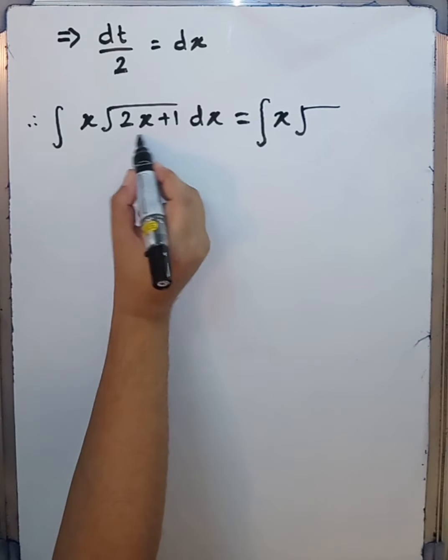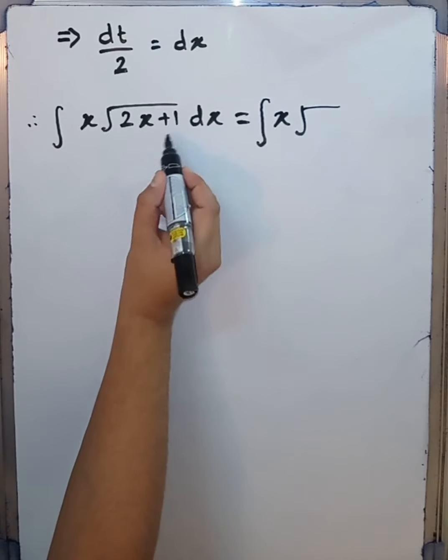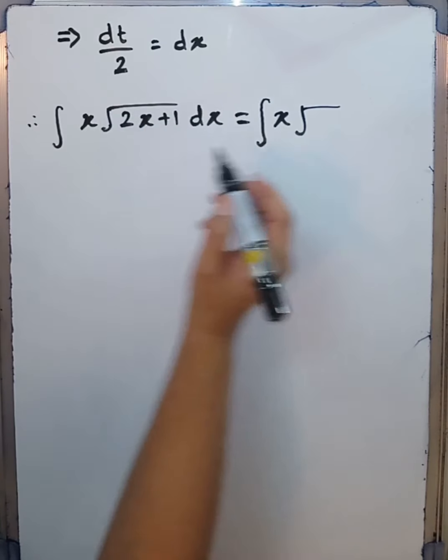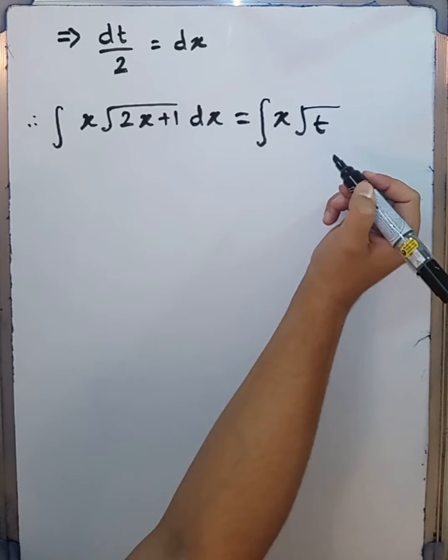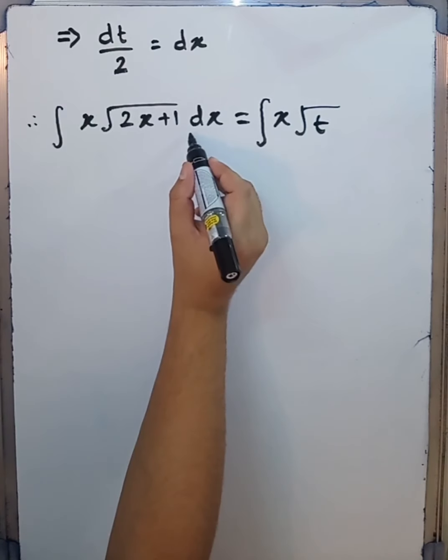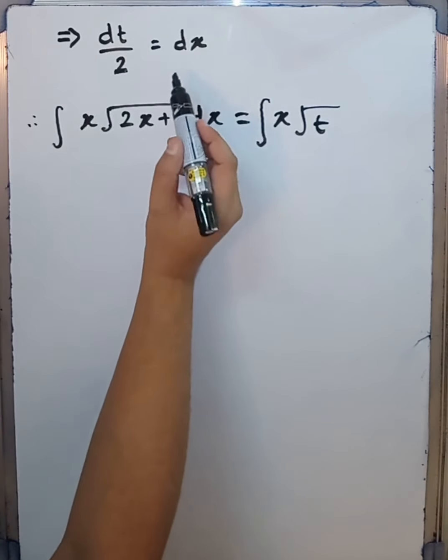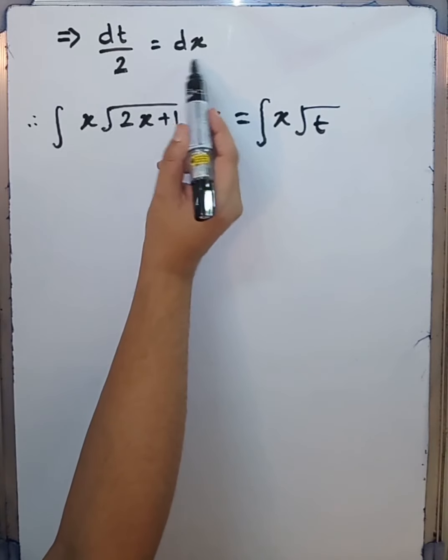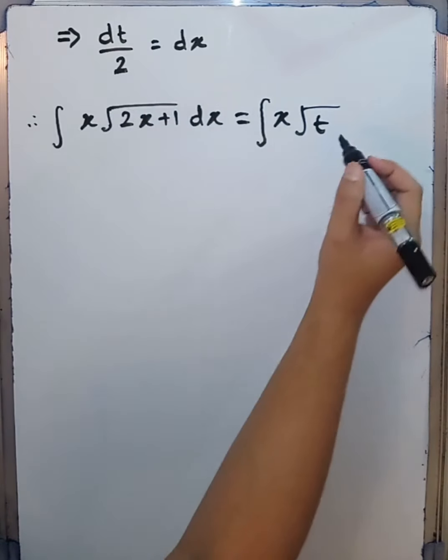You have put 2x plus 1 is equal to t, so it becomes square root of t, dx you have already calculated, dx is equal to dt by 2.